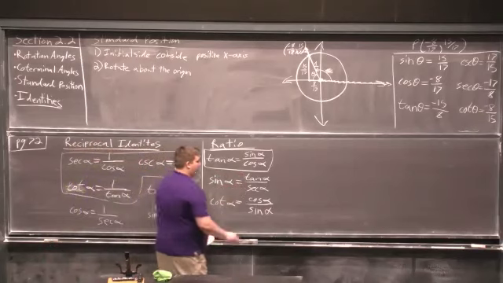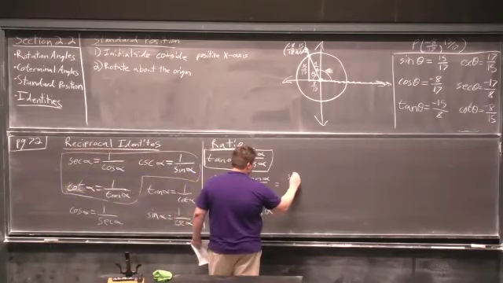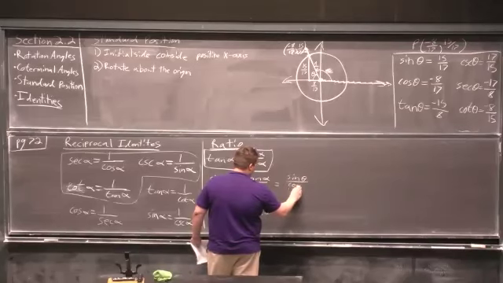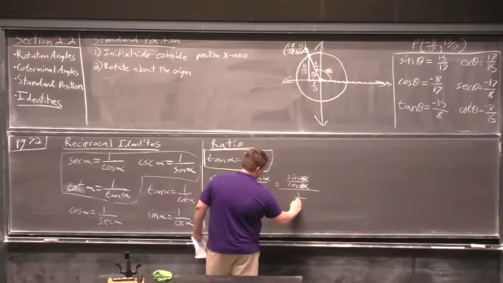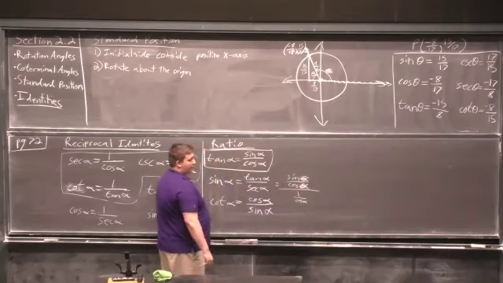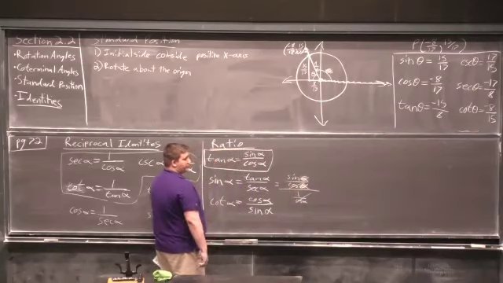So I can imagine that this is sine of alpha over cosine of alpha, all over 1 over cosine of alpha. Well, we times top and bottom by cosine, and we cancel, leaving us with just sine.